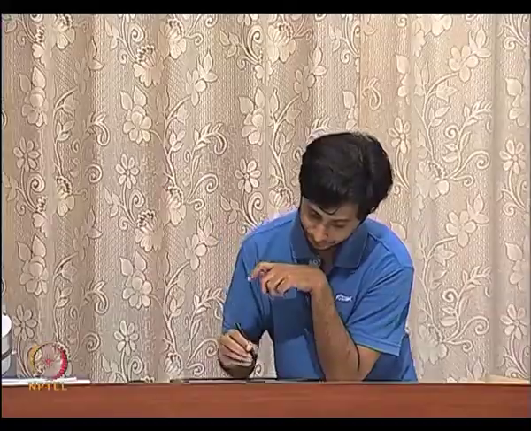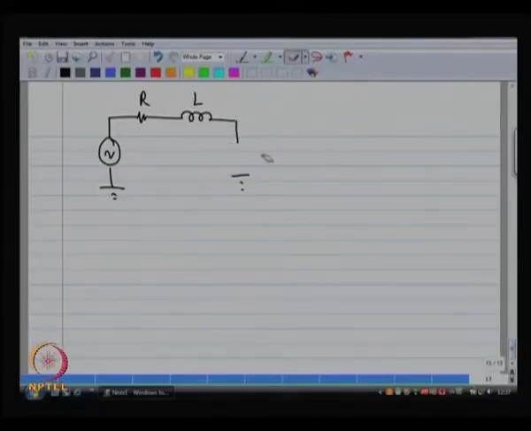Let us apply a voltage and let us change the configuration a little bit. Last time we applied a current, now let us apply a voltage, and we are going to measure the voltage that I develop across the resistor.